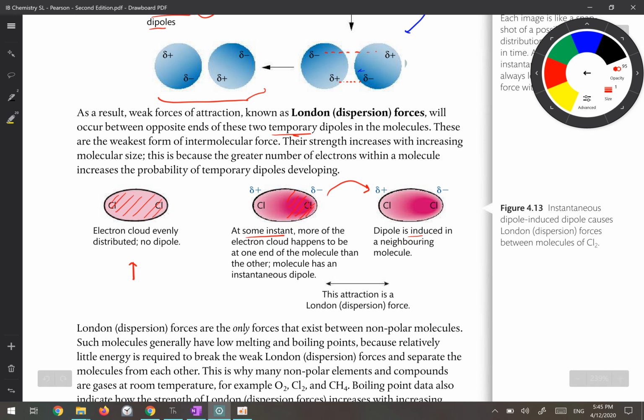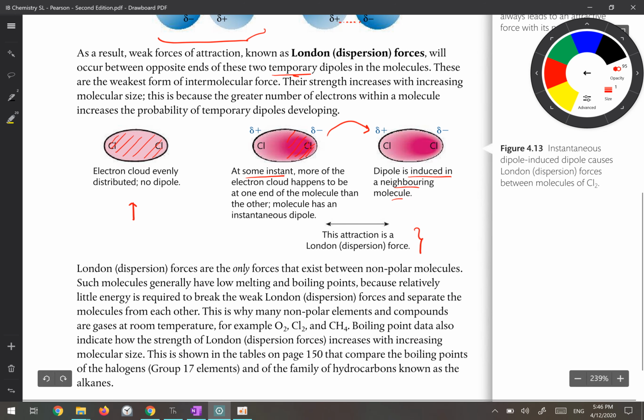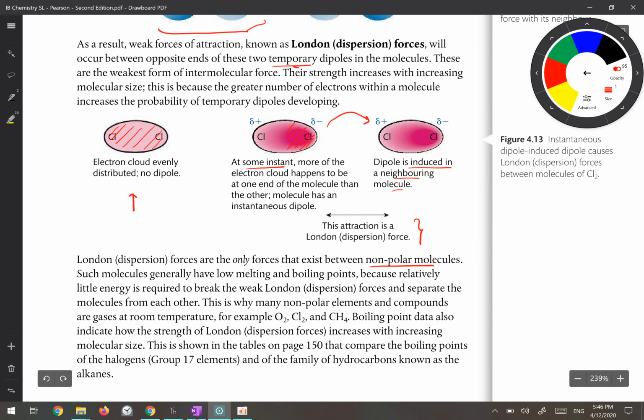So the dipole is induced in the neighboring molecule, and then you have attraction between these two temporary dipoles, which we call the London dispersion force. And as I said, in non-polar molecules, this is the only force available between them.